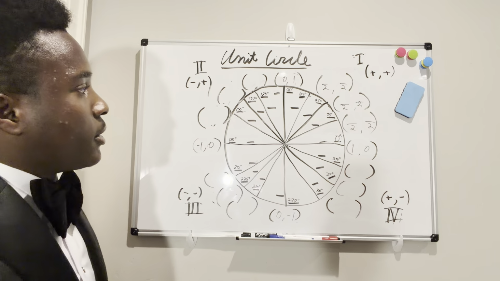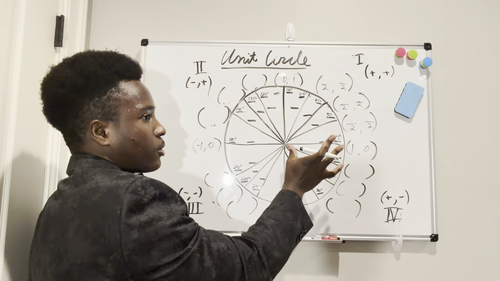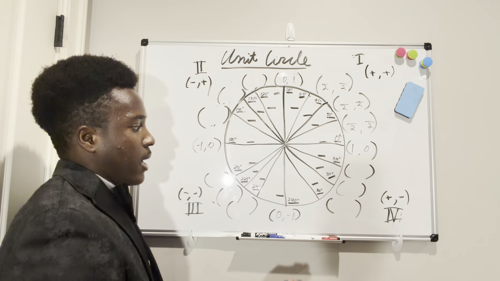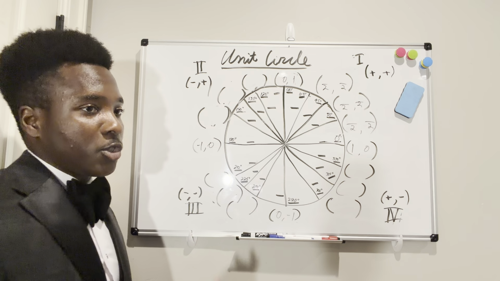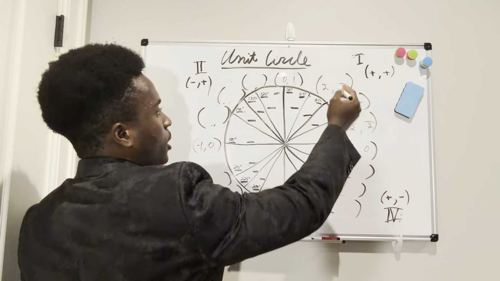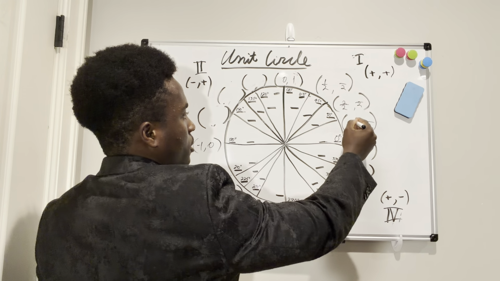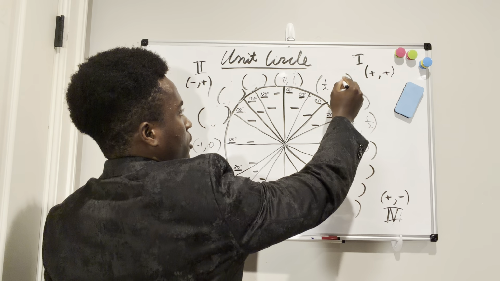Okay, so how I like to memorize it: from the top half of the unit circle, we go down 1, 2, 3. And then on the bottom half, we'll go down 3, 2, 1, and so on. I'll show you. So we start strong with 1, 2, 3, and then we go up 1, 2, 3.